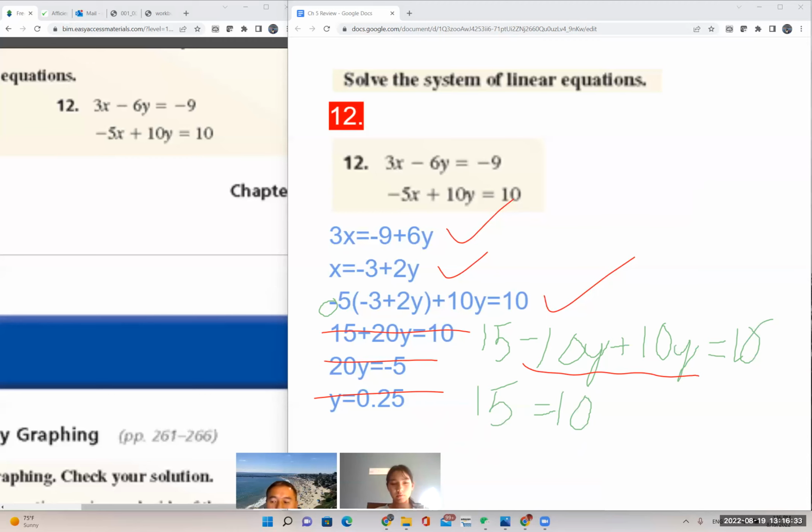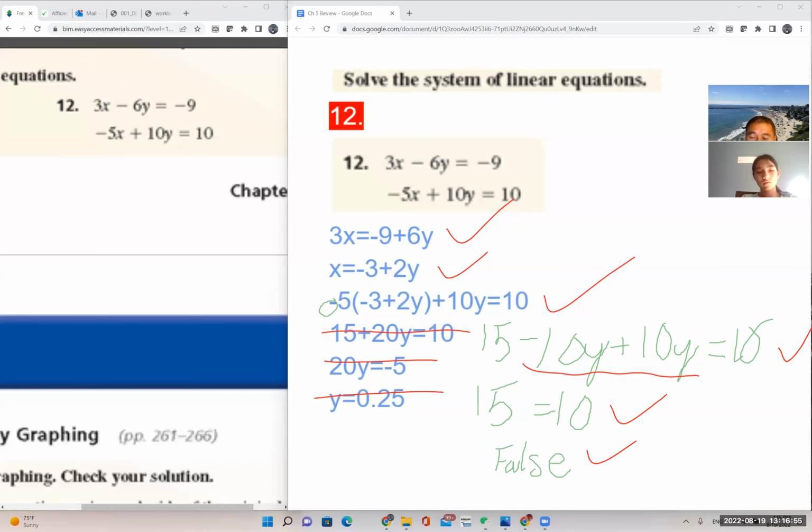So that would be false, I think. Okay, false. Yeah, you write false. Okay, this time is good. It's good. Then talk about the solution. There is no solution. Write it down, please.